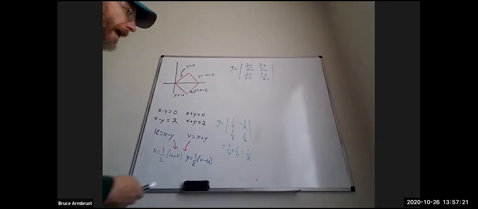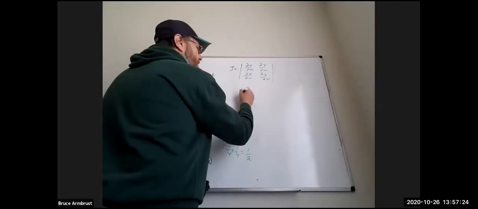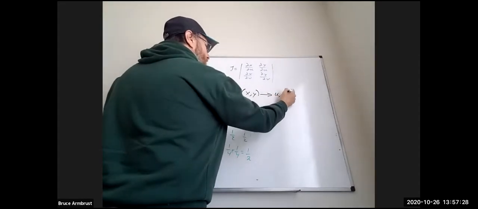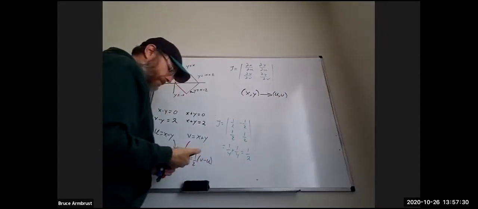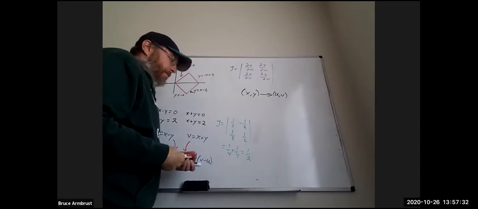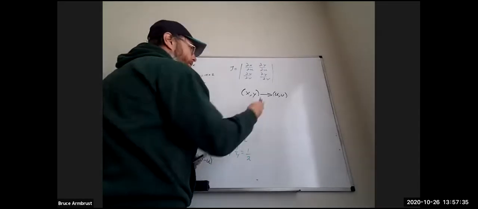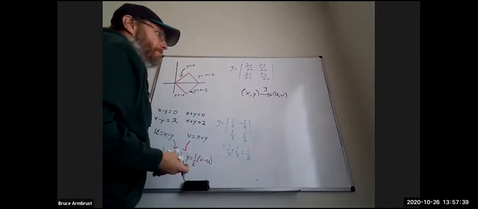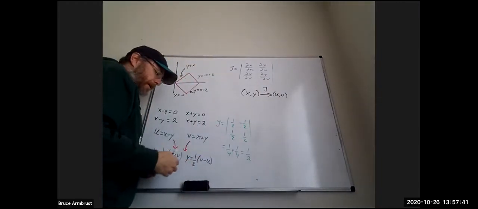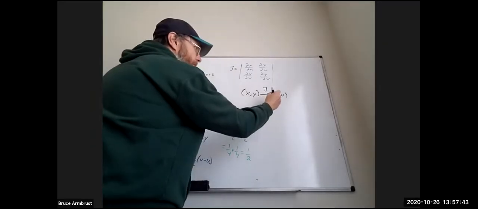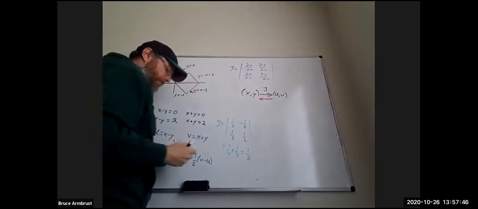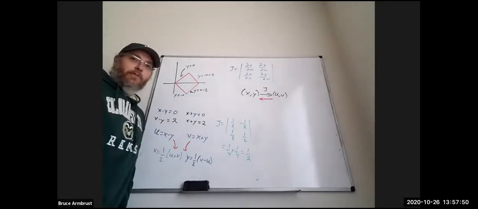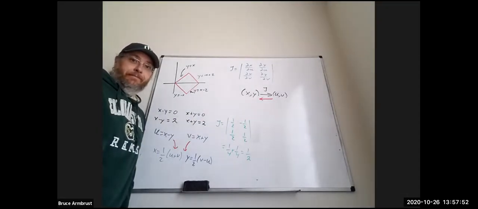If you're looking at going from, say, xy to uv, and let's just call this guy J for our Jacobian. Obviously, if we go the other direction, so say we're going from uv back to xy, there's also going to be a Jacobian, right?